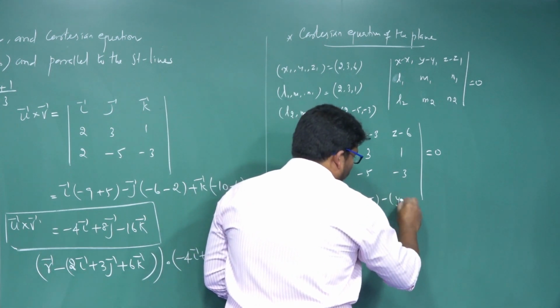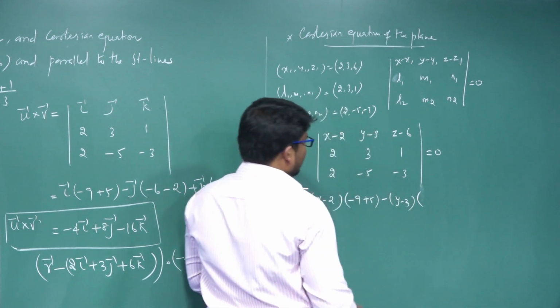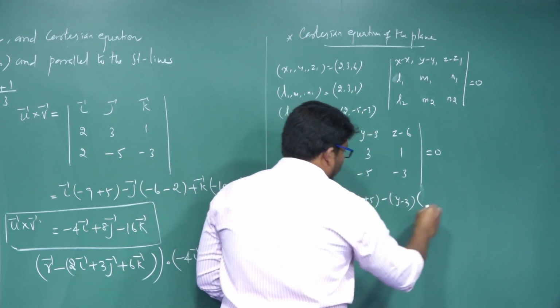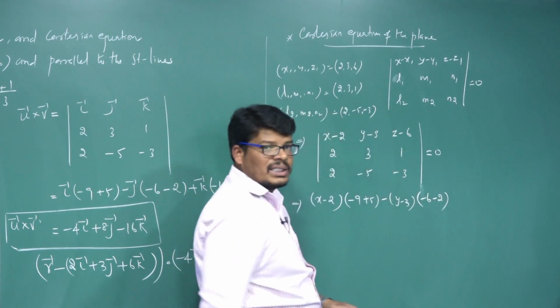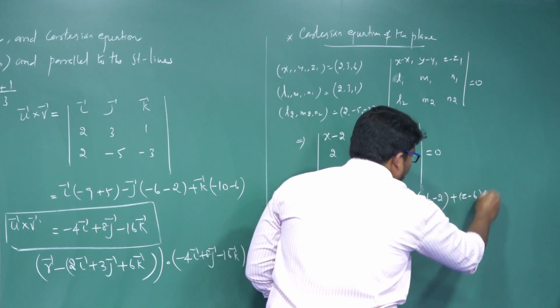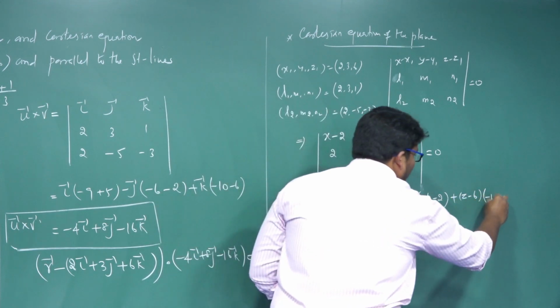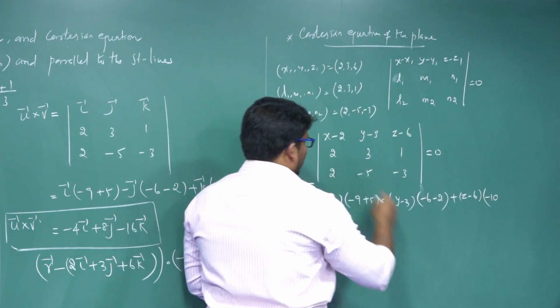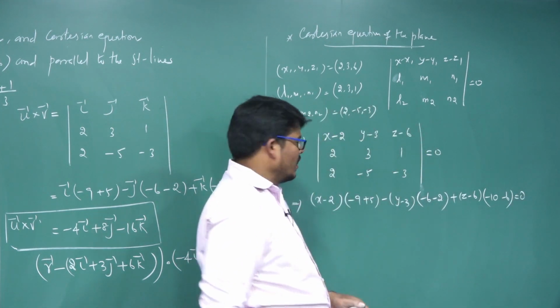Minus of y minus 3 into 3 minus 3 into 2 minus 6, 2 ones are 2, so minus 6 minus 2. Plus z minus 6 into minus 5 into 2, minus 10, minus 6, equal to 0.